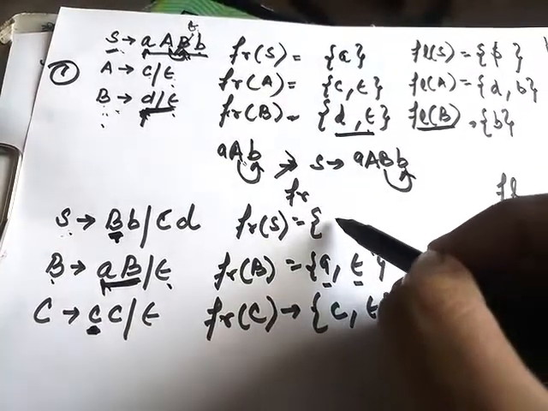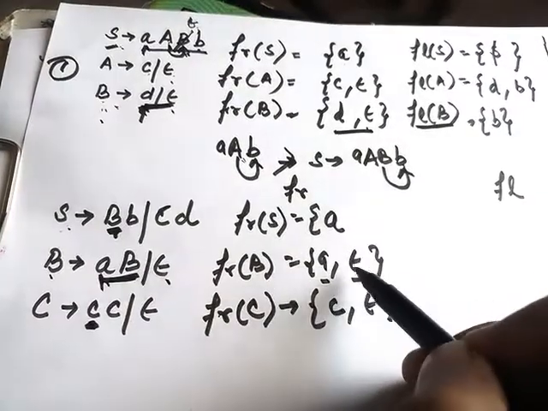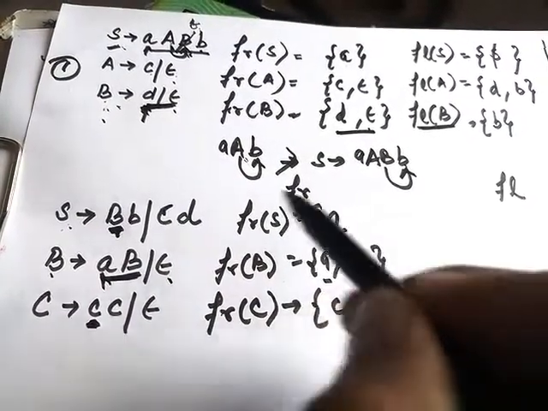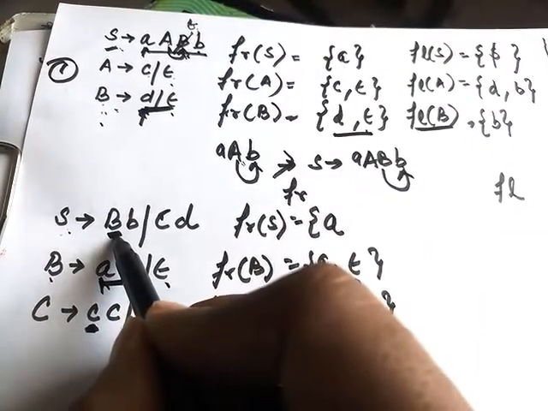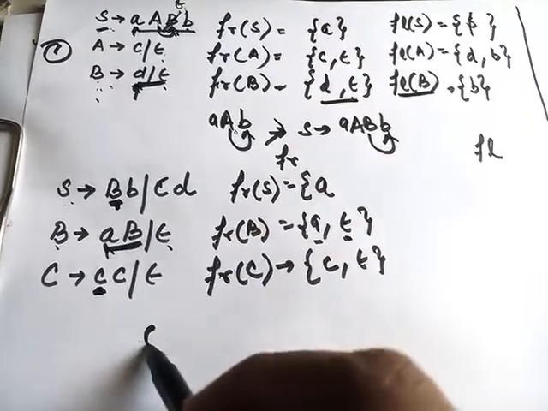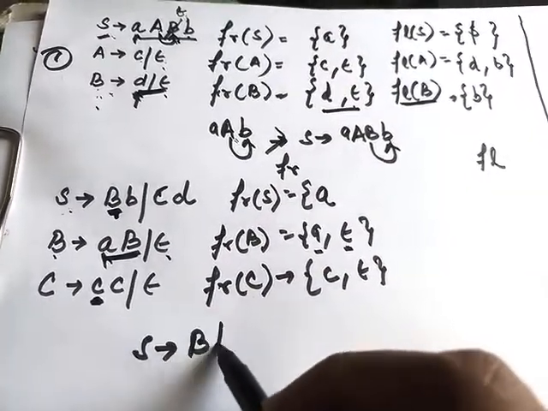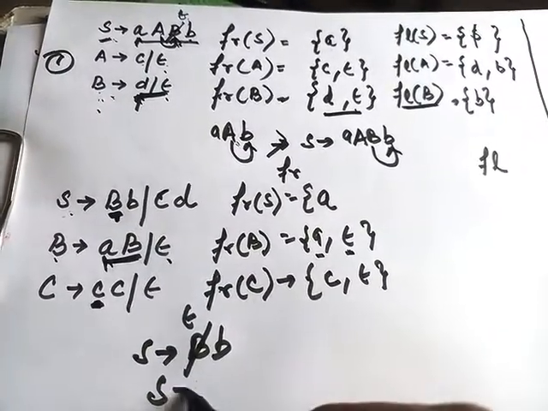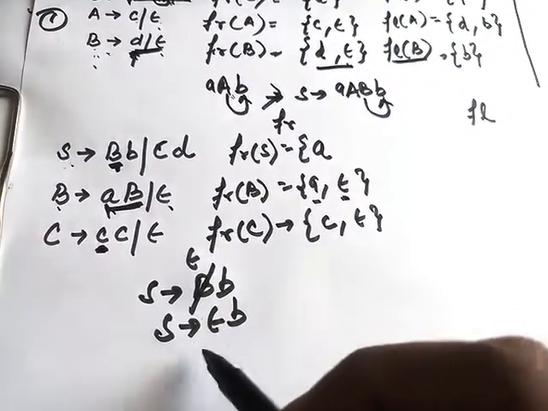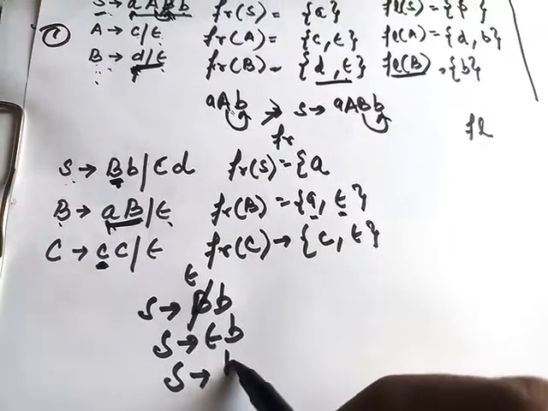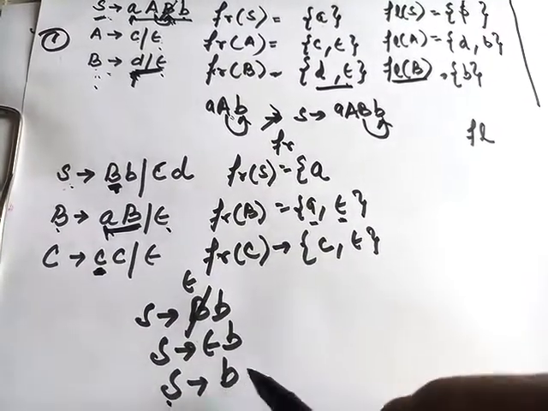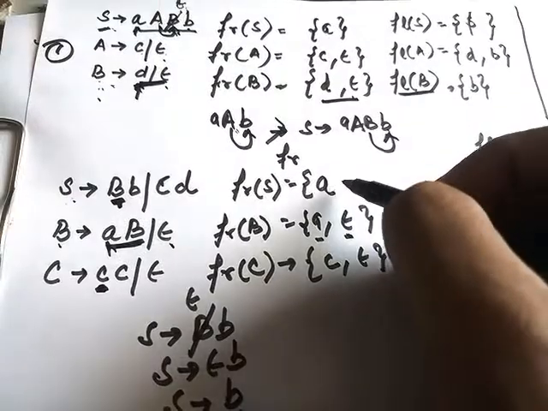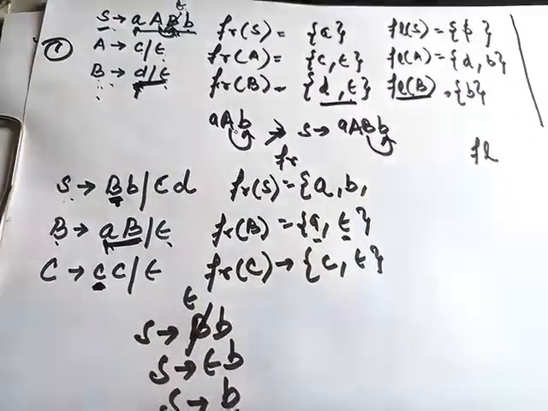So we will write A over here, and then we substitute epsilon instead of B. So what will it become? S generates B, and then I said substitute epsilon, so S generates epsilon B, it means S generates B. So what is first of S? First of S is B. So this is the second one.